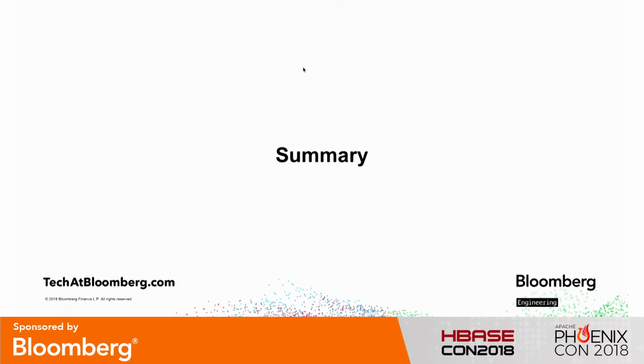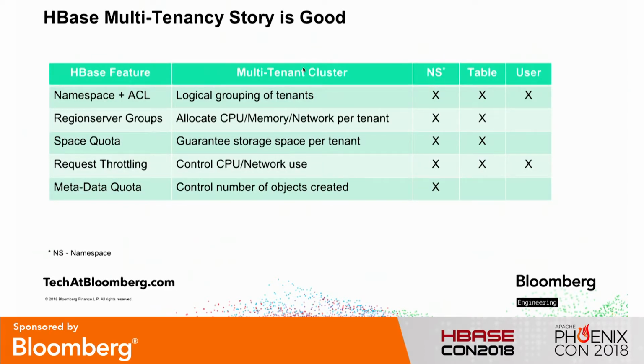So in summary, all the features we want to build a multi-tenant cluster are there in HBase. You can set it on a higher level, like using region server groups with space quota, or if you don't have a large cluster to define on a higher level, you can use some of these throttling and space quota features to control the space usage or the resource usage.